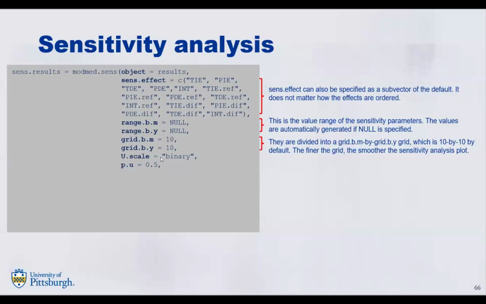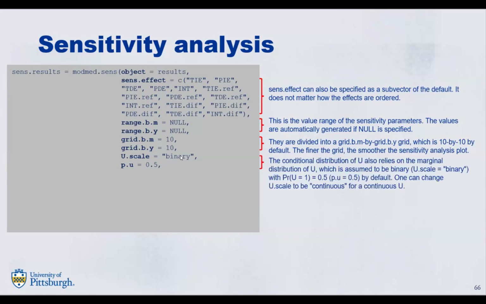So it's not necessarily binary. Therefore, if it is binary, you specify it to be binary. But it can also be continuous. If it is continuous, then you should change U dot scale to continuous.